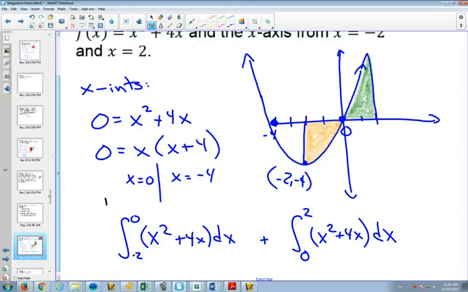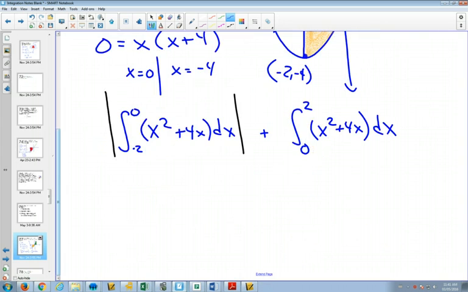And we know that the -2 to 0 one will be negative, so if you'd like, you can add the absolute value bars there already to make it positive. If you have no idea which one's negative and which one's positive, you could technically put absolute value bars around everything, because it wouldn't make a difference. But this seems like you're feeling a little bit more sophisticated, like I already know that that one's going to be negative. So, right, maybe you're trying to impress your math teacher a little bit.